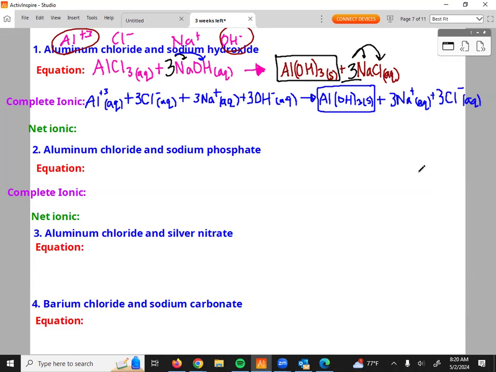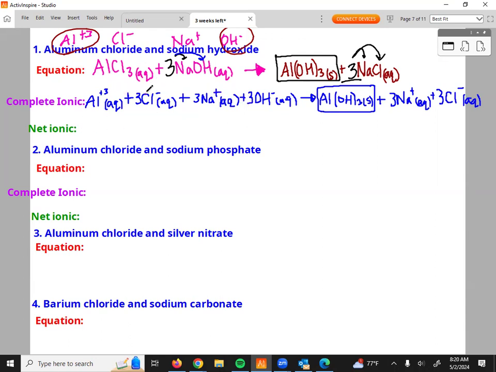This is where you might want to get a different color. We're about to cross out. So this is like if you were to look molecularly at your reaction and what's going on at the molecular level, you'll see all these ions in that either beaker or whatever you're using.